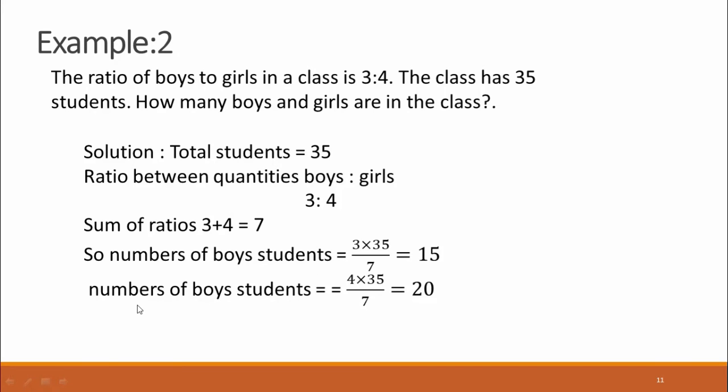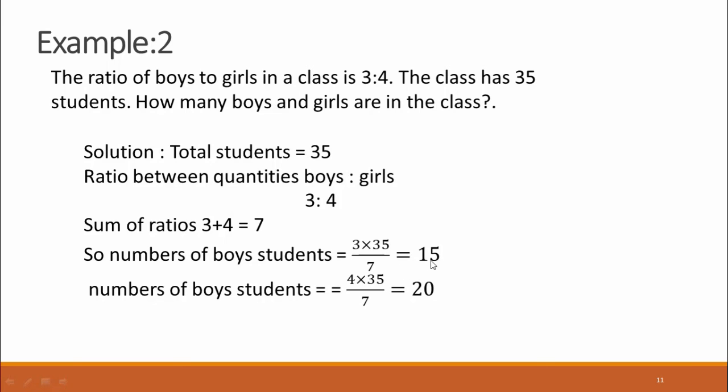Now for the number of girl students: in the sum of the ratio 7, the ratio number for the girl students is 4. So we can write 4 multiplied by 35 divided by 7. 7 divided by 7 cancels, 7 fives are 35, and 5 fours are 20.